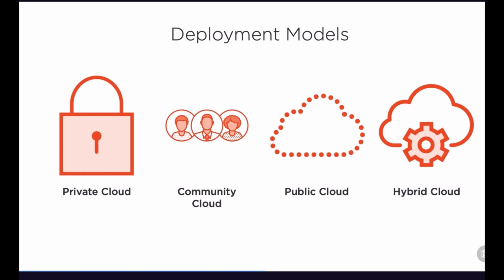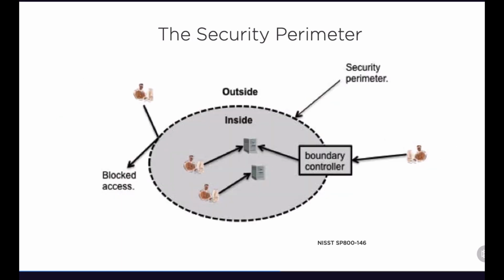We have four primary deployment models: the private cloud, on-premise or off-premise, community cloud, public cloud, and a combination of cloud providers in a hybrid cloud type of deployment. One of the important things we looked at a moment ago was the idea of a security perimeter. Having a defined area of responsibility that says what is within or inside my perimeter is that which I must maintain control over.